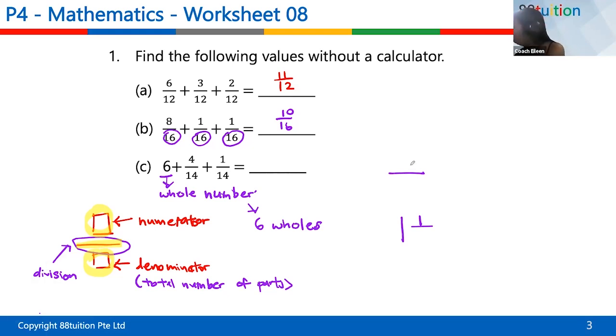Does anyone know which one is my whole number, from 1 and 1.5?